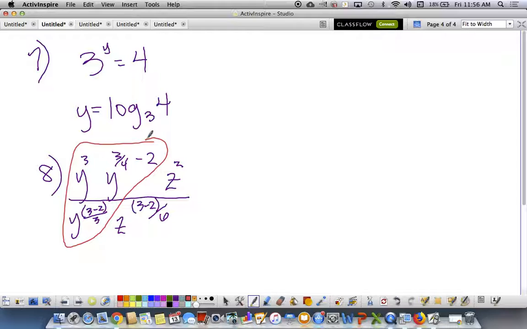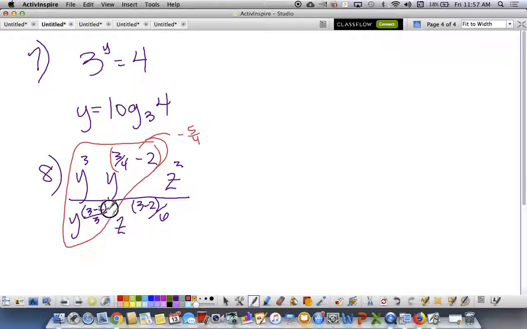So I personally would simplify, what's 3/4 minus 2? -5/4 or -1 1/4. Same numbers. So I've got -5/4. What about 3 minus 2 divided by 3?